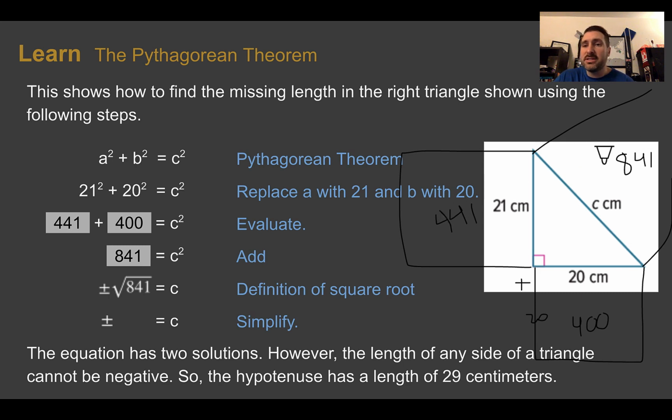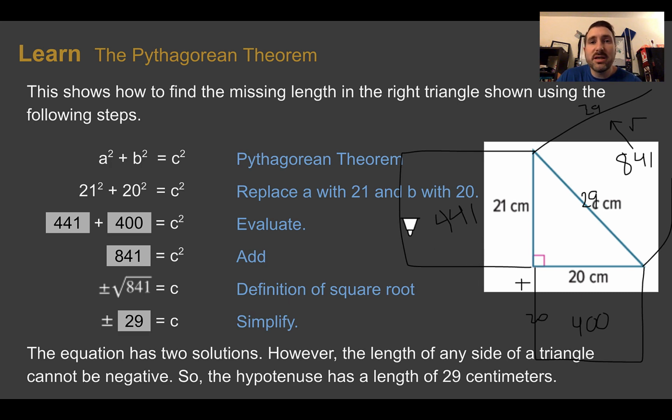Now, to figure out the side length, we're going to take the square root of that number. Remember, the opposite of an exponent to the second power is a square root. So if I take the square root of that number, I will get the side length. So the square root of 841 is 29, meaning that this side is 29, so C is 29.